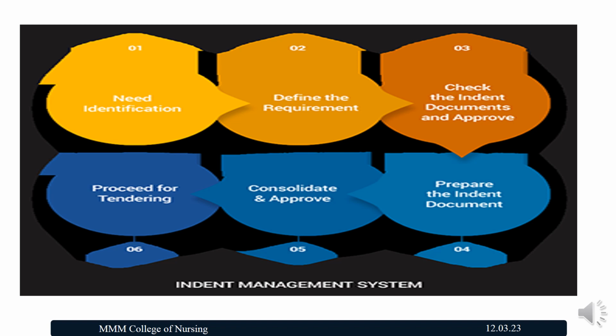Next is prepare the indent document. Fifth is consolidate and approve. The last step is proceed for tendering. This is the common step of indent management used in many areas.